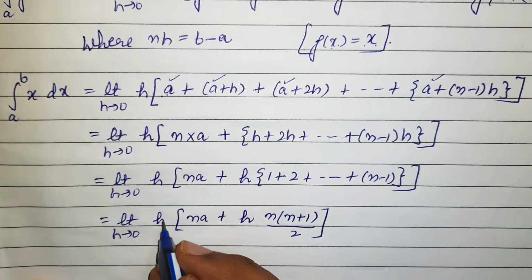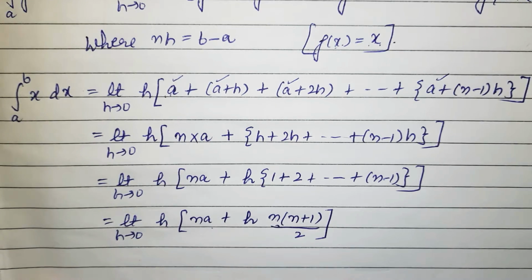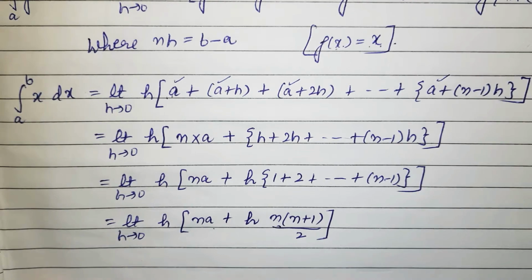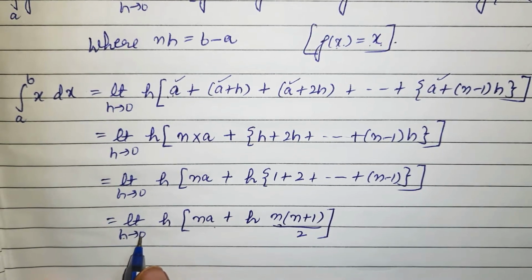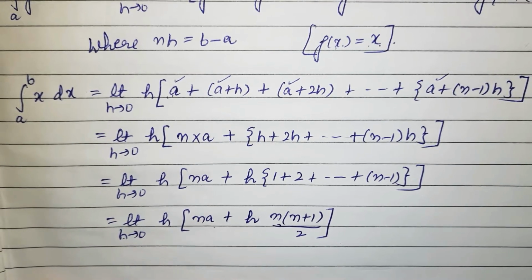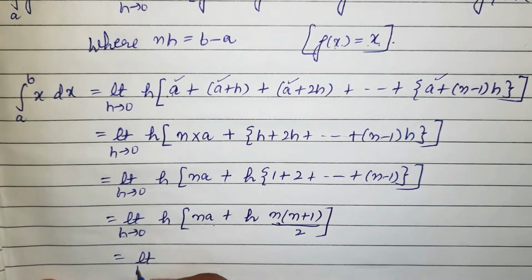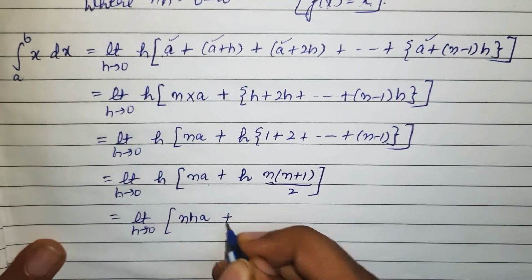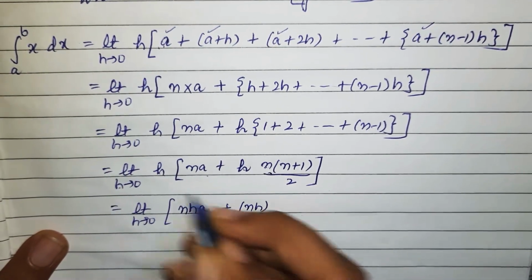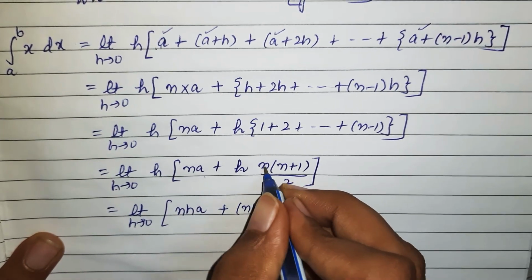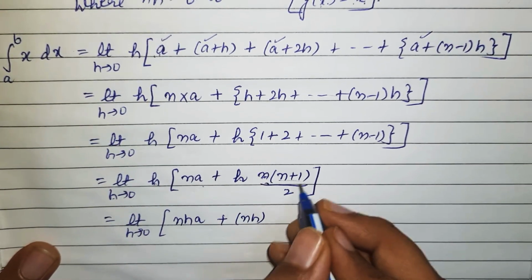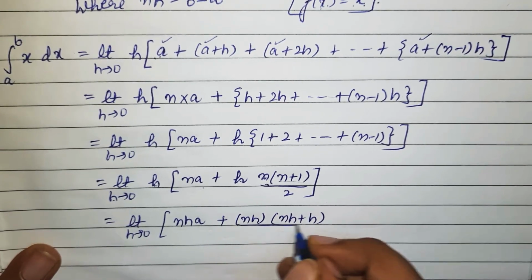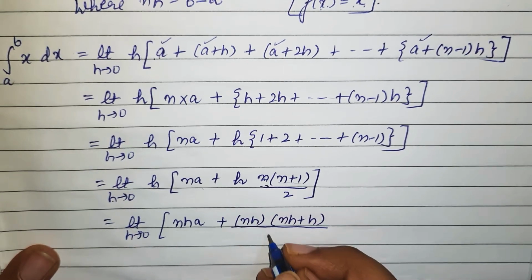That means whenever I multiply h with these two terms, for sure I should not get any extra n. h can be extra, it will tend to 0 later on, but you will not get any extra n. So if I take h inside, this will become nha. One nh will be like this, and I have one more h. So one h I take with this n term, and the next h with this term, so I am getting nh plus h. I told you that h can be extra, but n never can be extra. It will be in the form of nh.